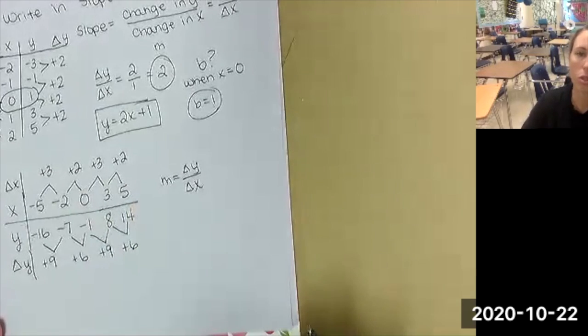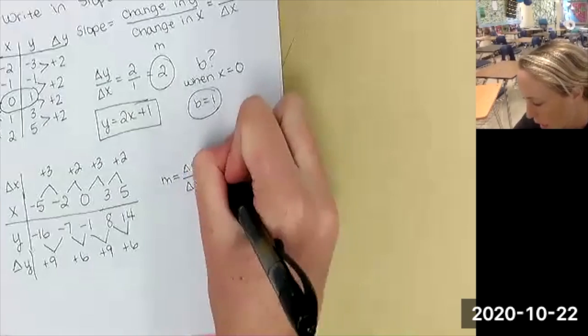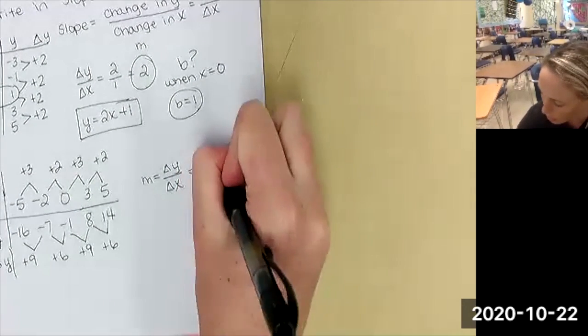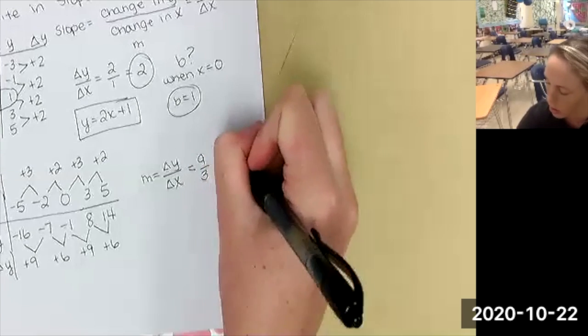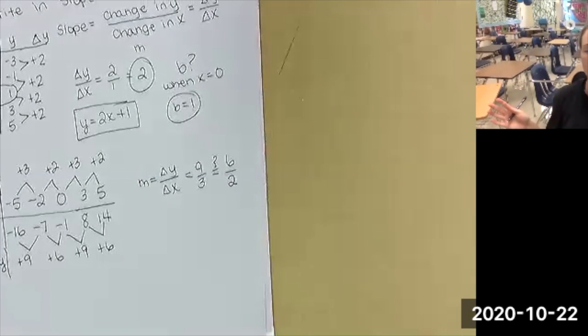So it looks like we have two fractions here. So we either have 9 over 3, don't forget y goes on top, or I want to know if this is equal to 6 over 2. If they're not equal, then I stop and say it's not linear, because you can't write an equation for a line in slope-intercept form if it's not linear.